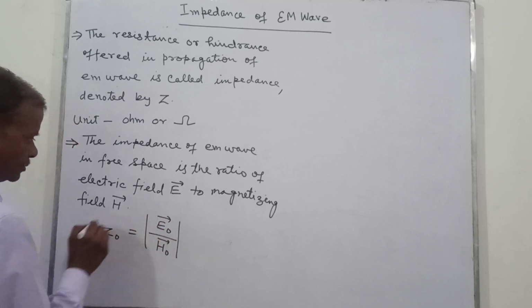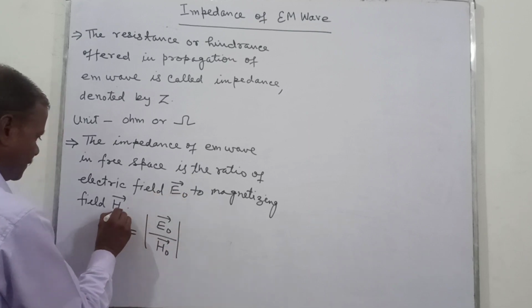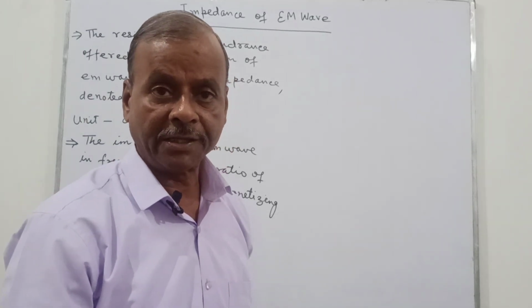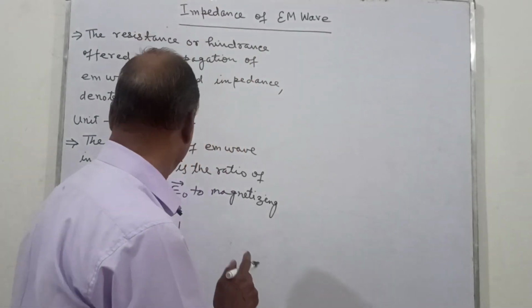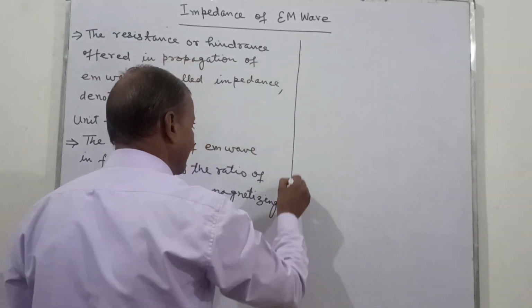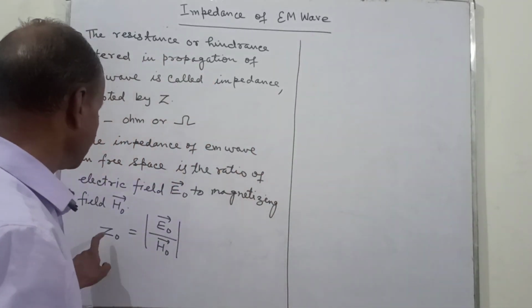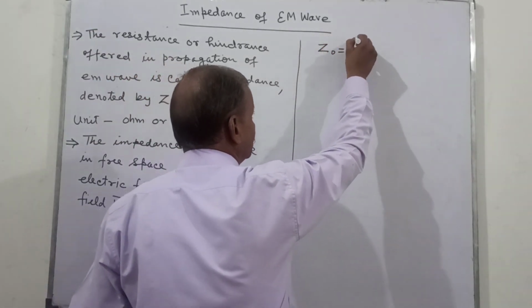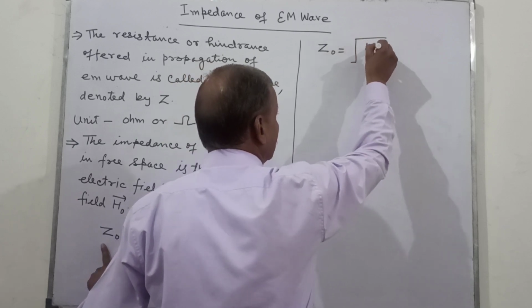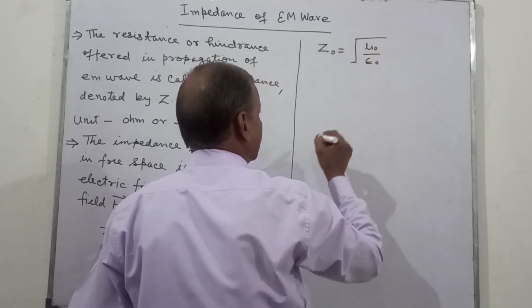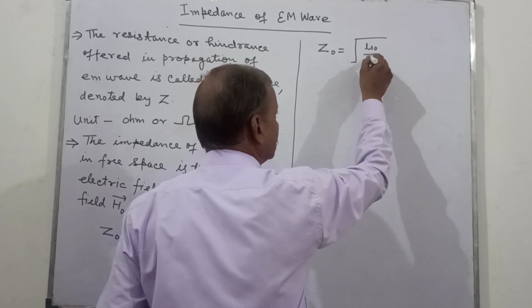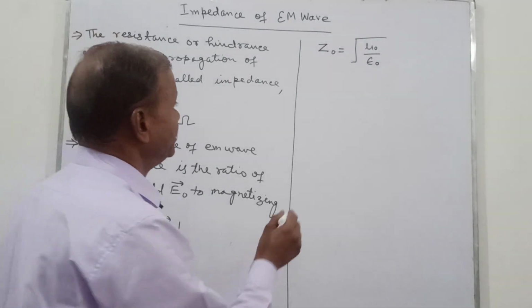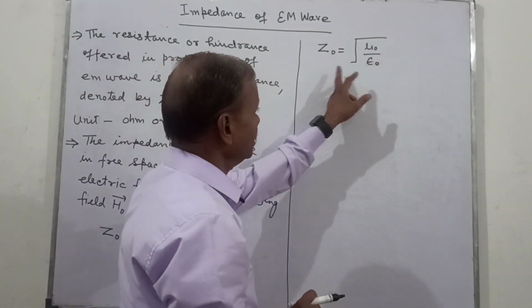Now its magnitude: this is E naught, which we denote in the case of the wave traveling in free space. And now this Z naught is equal to square root of mu naught upon epsilon naught. This is the formula, and we got it by this relation.